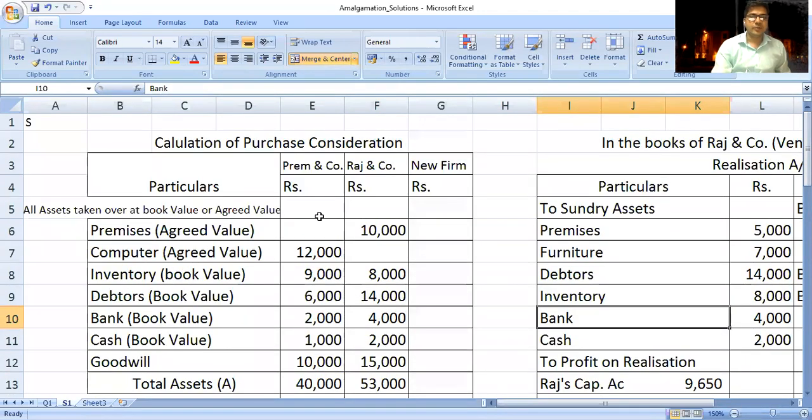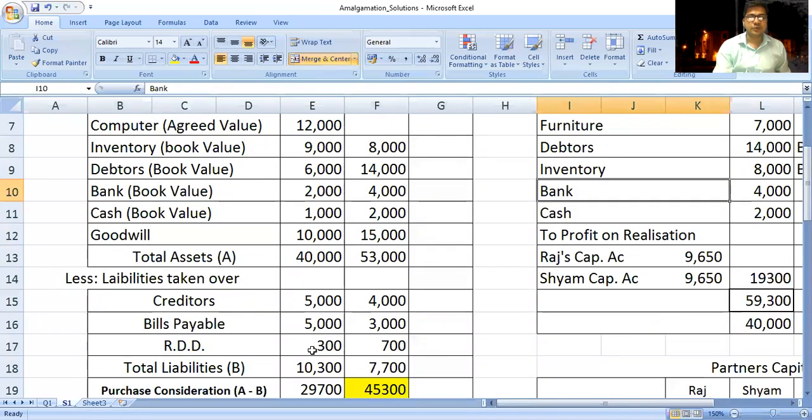All assets taken over at aggregate or book value, and we deduct the liabilities taken over. For the two firms, we calculated the purchase consideration of 29,700 for the first firm, and this one is for Raj and company. So I hope you understood what is going on.